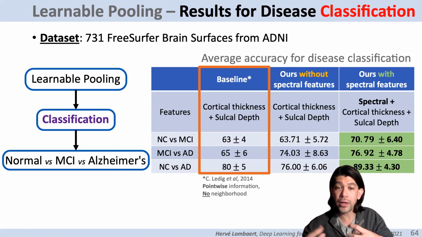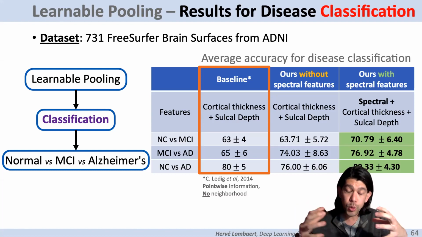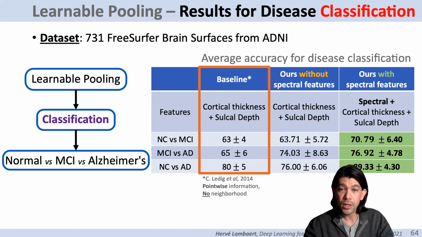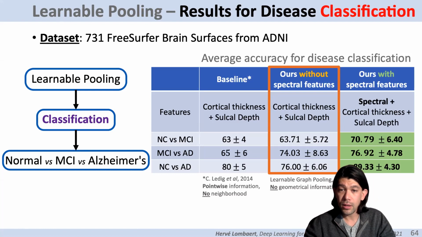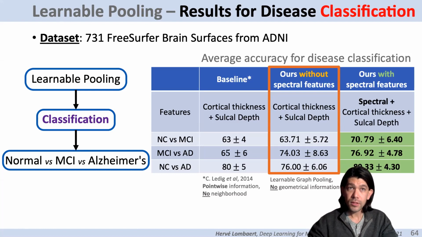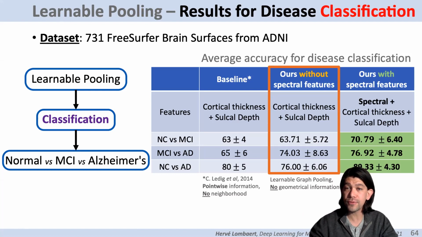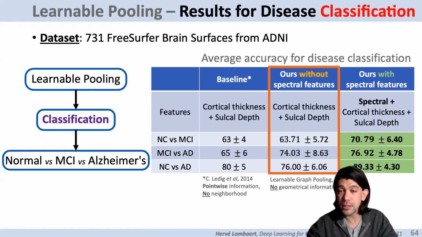We just wanted to compare how it goes from using pointwise information towards using neighborhoods in convolution and pooling. So you have values around 60%. If you add some kind of neighborhood within a pooling structure using graph deep learning, but no geometrical information, you jump from 60% to roughly the 70% range.